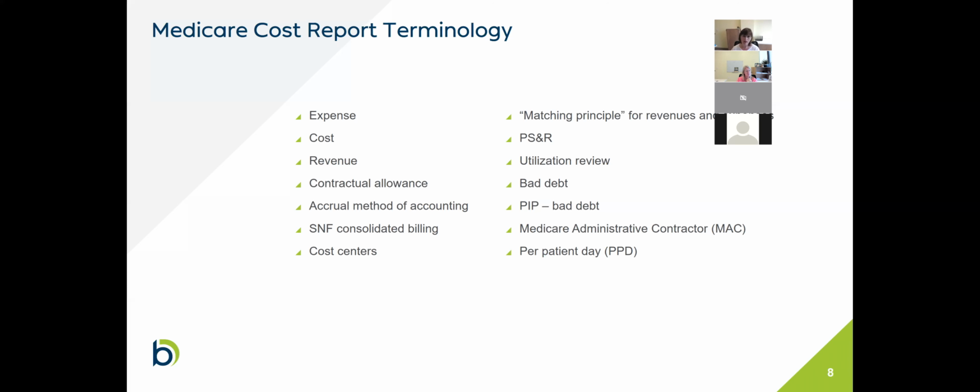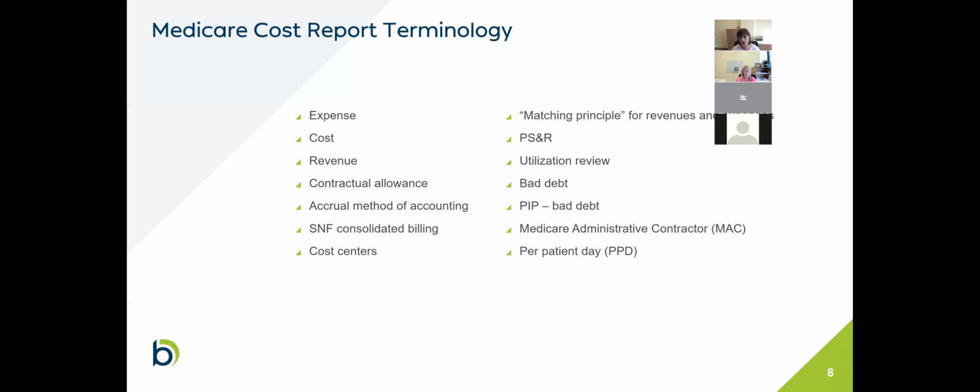Then some of you have assisted living, domiciliary units, DOMs, they are non-reimbursable cost centers because Medicare does not pay for those services provided there. But also departments such as dietary, maintenance, housekeeping, they are all cost centers. So they are all separate cost centers, and we will talk about allocations and some statistics for allocations to those cost centers.